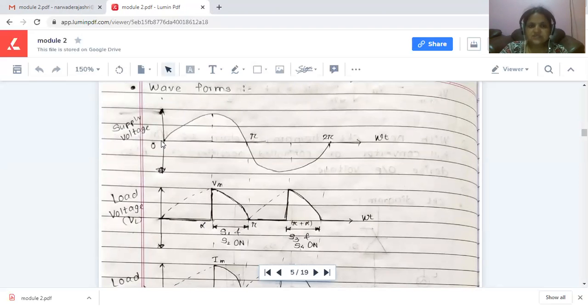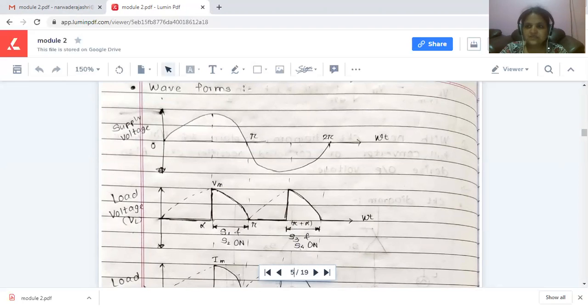Once the AC supply voltage crosses pi, SCR1 and SCR2 will be turned off, that is reverse biased, and during the interval pi plus alpha to 2 pi, the next SCR3 and SCR4 will be on, that is forward biased.